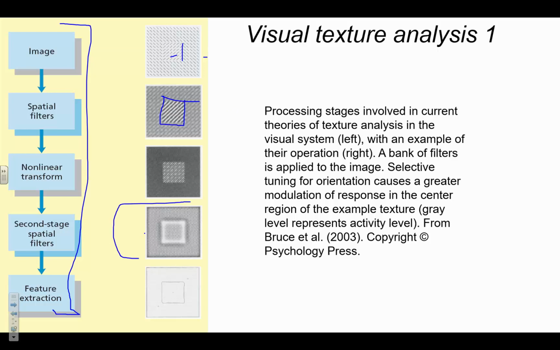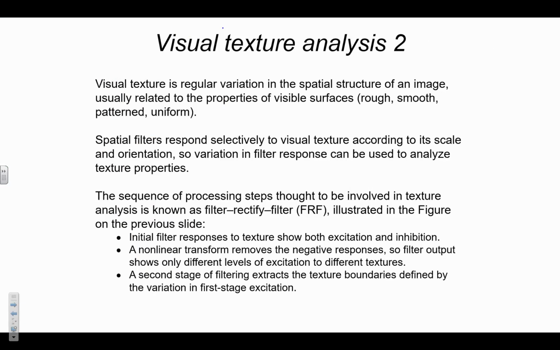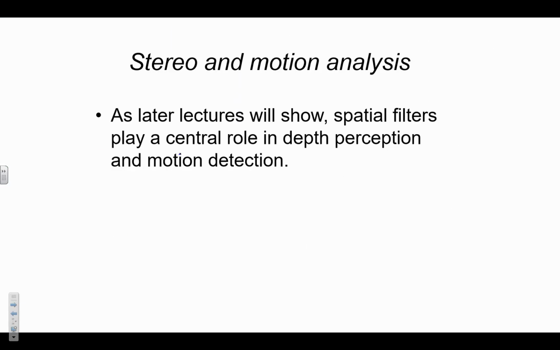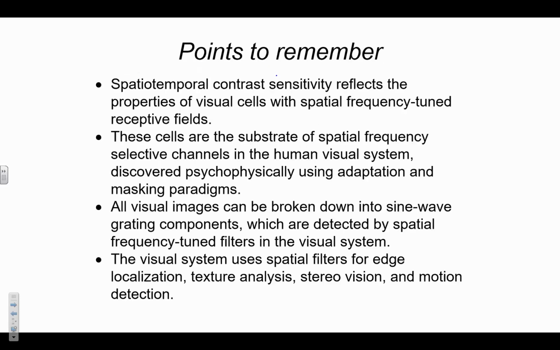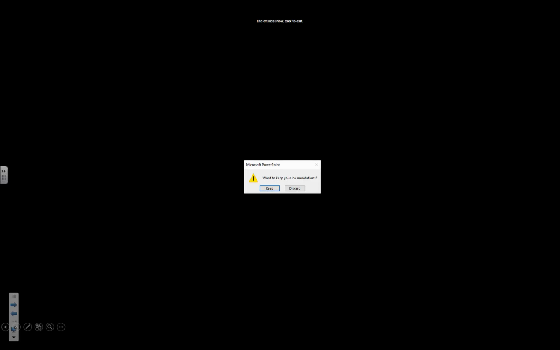That's how we pull things out. Again, don't worry about that too much right now. Just want to get the fundamentals of spatial vision. And there's your filter, rectify, filter. We'll come back to that. We'll talk about stereo and motion later. There are some things you're probably going to forget, but we'll remind you at some point.